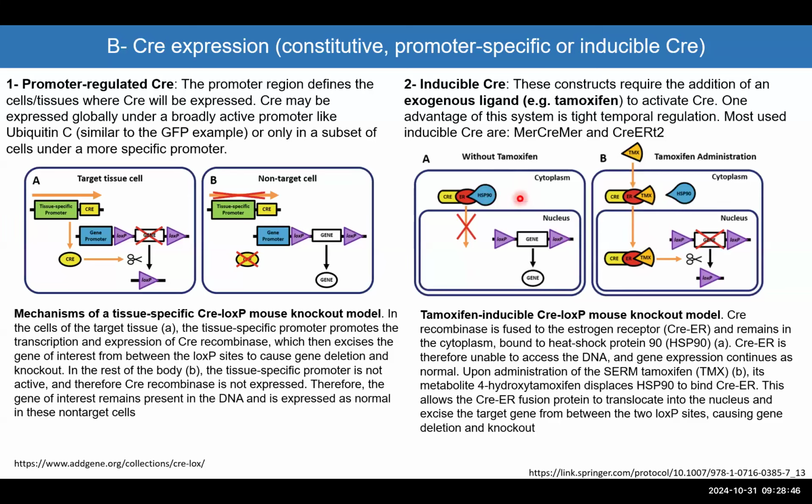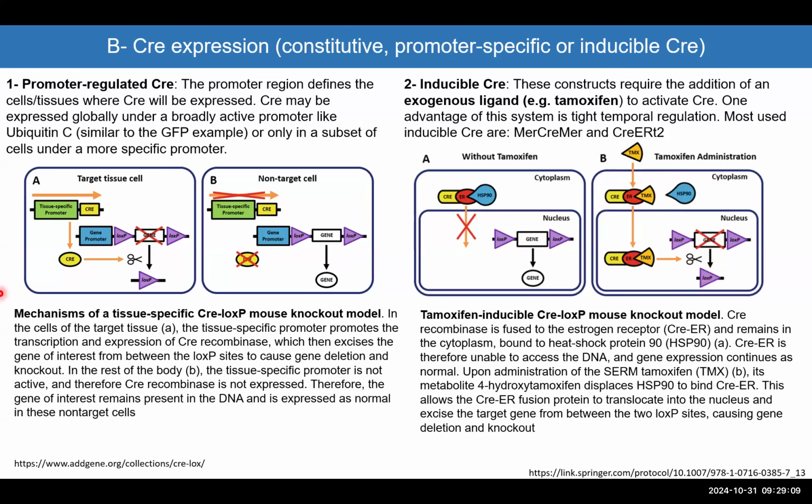When there is no tamoxifen, there is no excision and there's no deletion. The gene stays intact. Whenever you add tamoxifen, it will replace the HSP90, and then the CRE, ER, tamoxifen together go to the nucleus and excise the gene, and now you have a knockout.